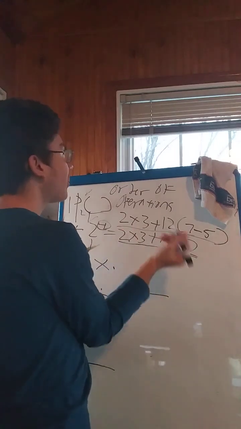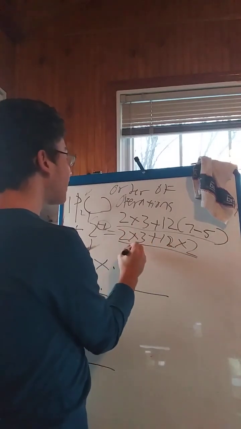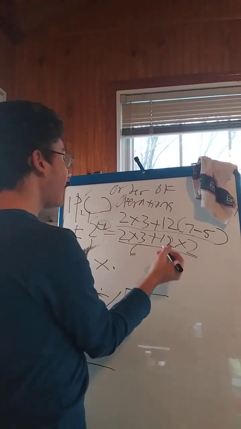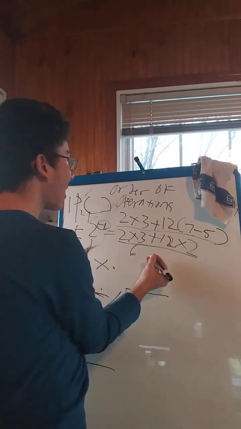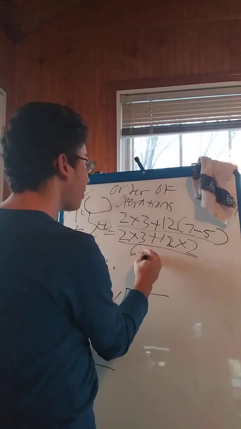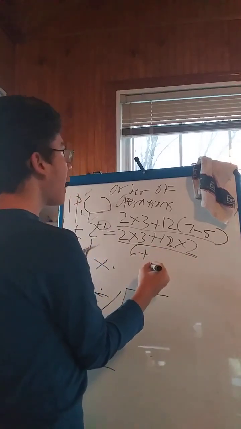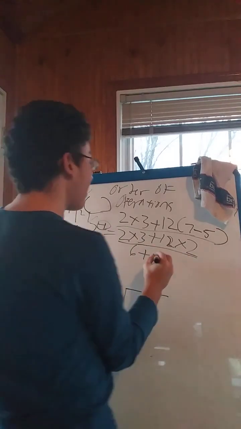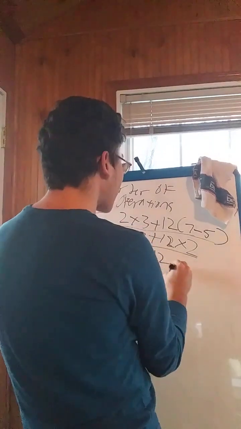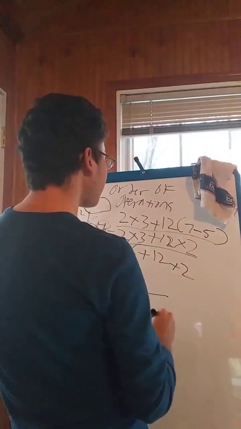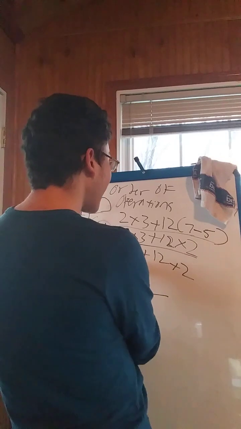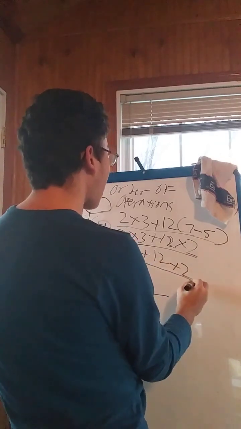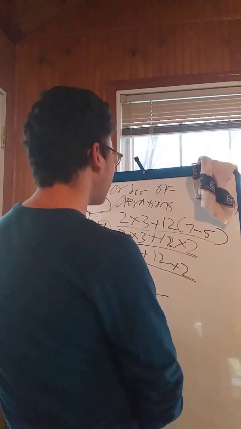So 2 times 3 is 6, and then we still have the plus sign, so we drop down the plus, and then 12 times 2. So then we draw the line, and just like this.